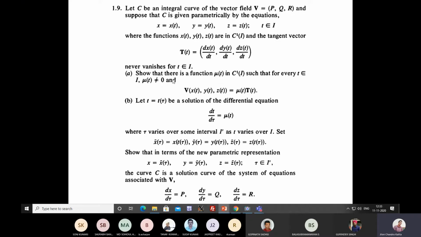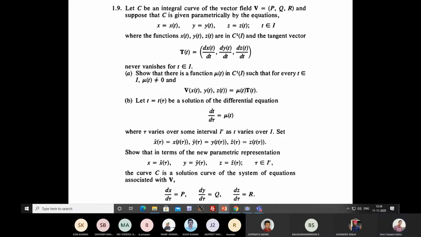Then you have to show that there is a function mu of t, whose first order derivative exists, such that for every t belonging to I, mu(t) not equal to 0, this happens. This we have already proved. And the second part is straightforward. It is simply chain rule. I am giving it as a homework for you.